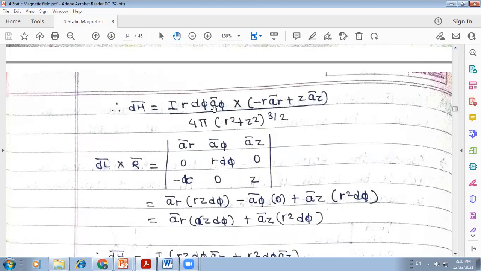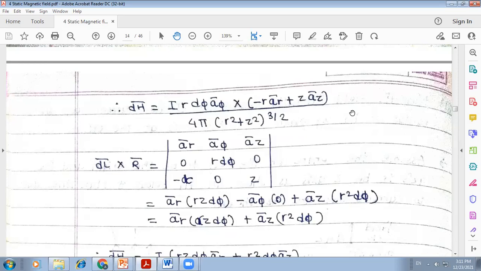Now here again take the cross product of A bar phi and A bar Z. Tell me, what is A bar phi cross A bar Z? Yes, go in the sequence. What is phi cross Z? A bar R. Then is it positive or negative?